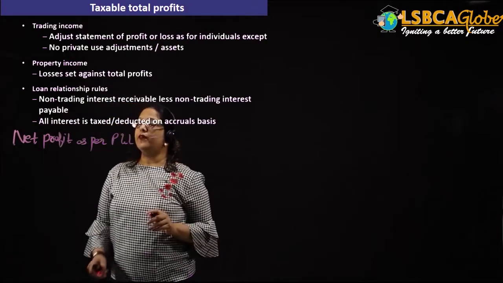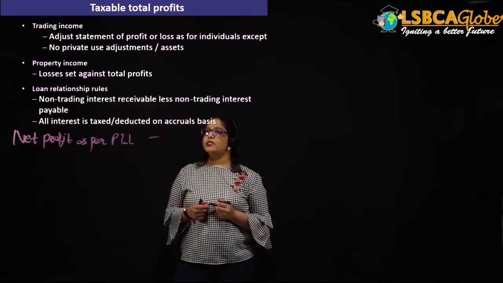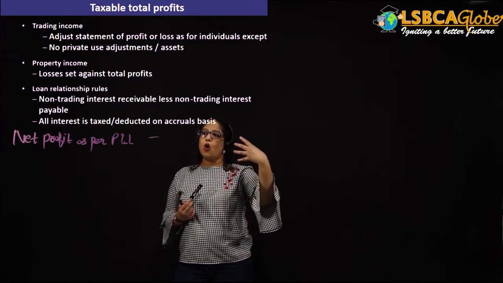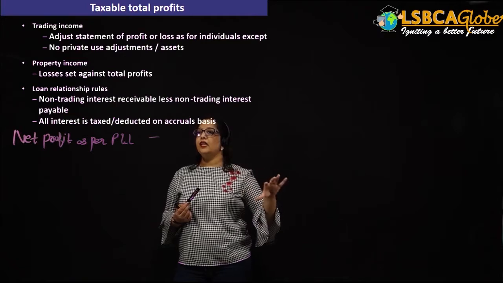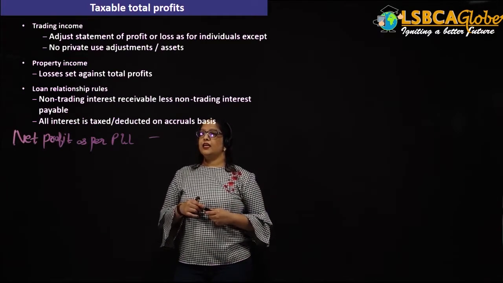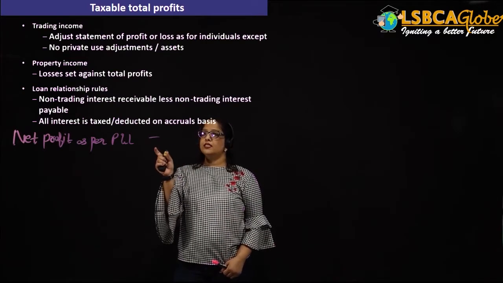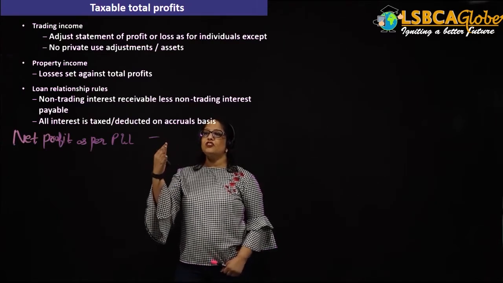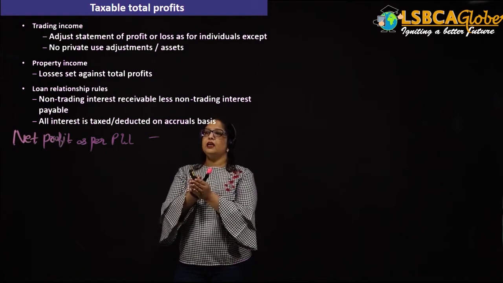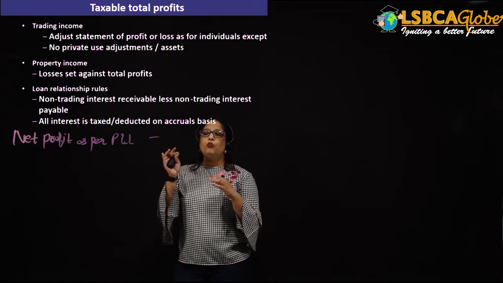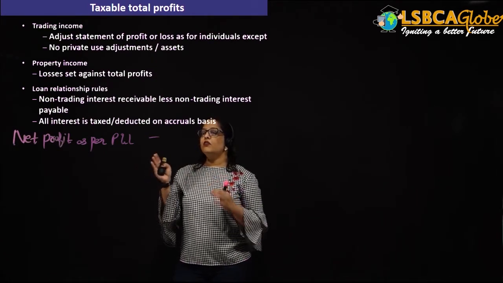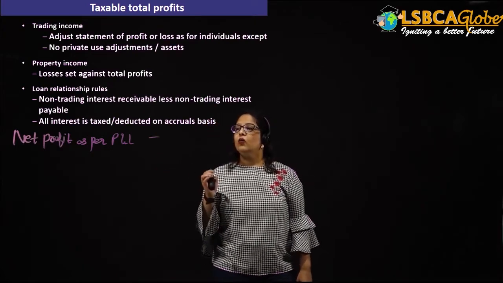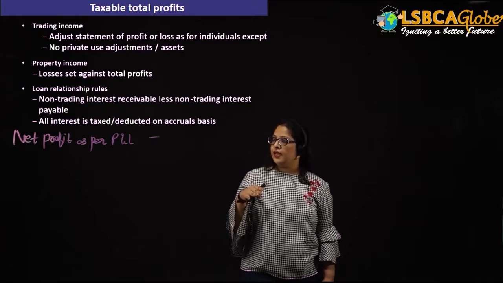That is a wrong figure. Whatever net profit is given to you, that is a wrong figure. You have to start with the wrong figure and arrive at the right figure. So what you have to do, class, is start from the wrong figure. Expenses that should not be included but have been taken here, add them back. Whatever incomes are disallowed but have been credited, just deduct them.